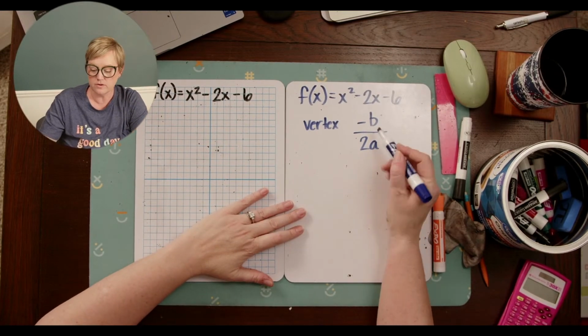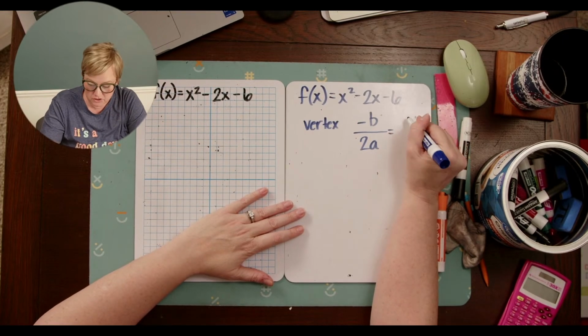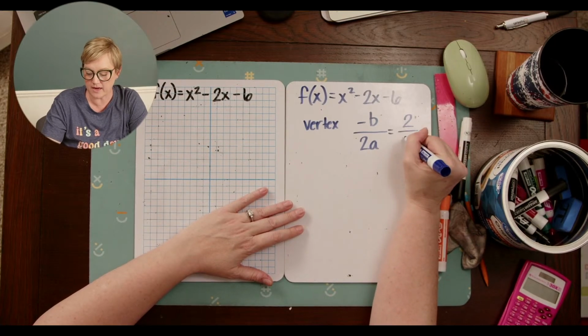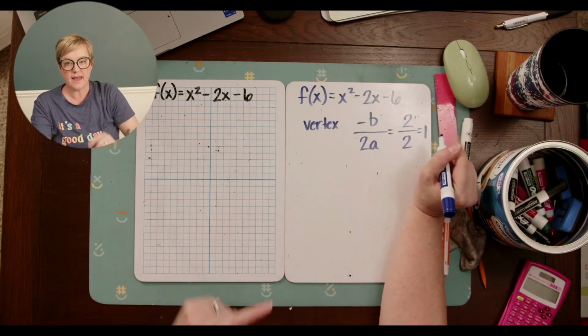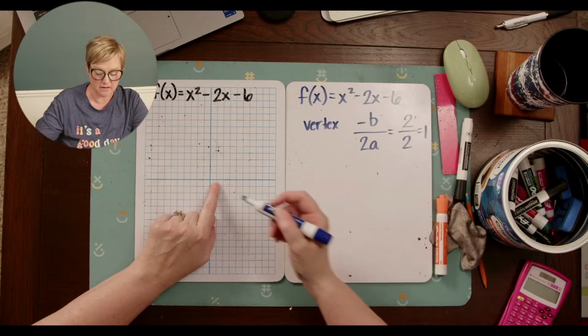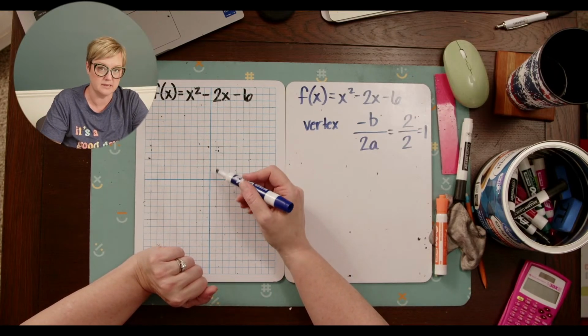So b is negative 2, so negative negative 2 is just 2, and 2 times 1 is 2. So that means it's 1. At the x value of 1, that is where our vertex is going to be.